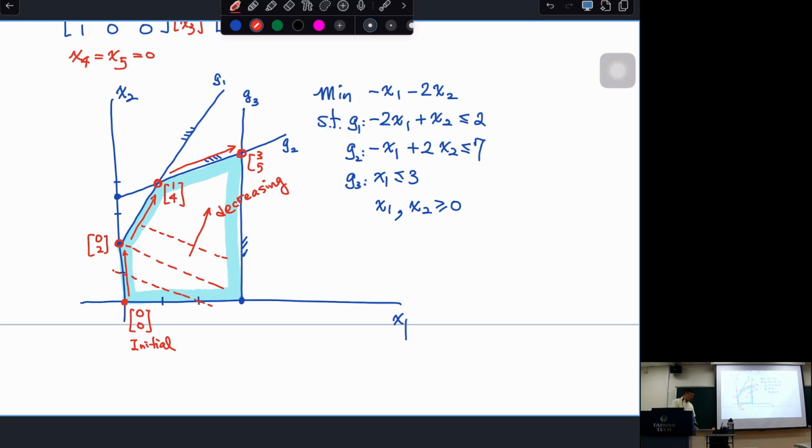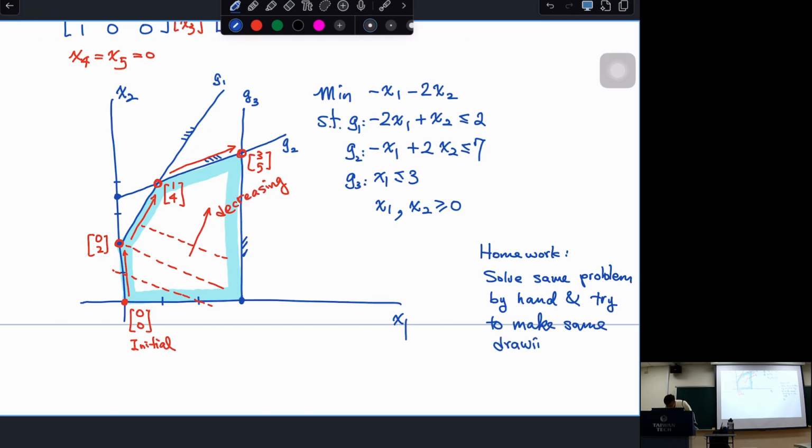Okay? So I would like to give you one simple homework. Please solve the same problem by hand and try to make the same drawing on the left. Okay?